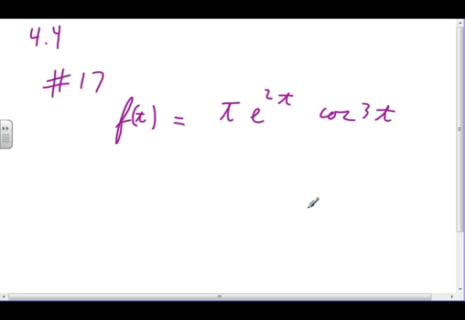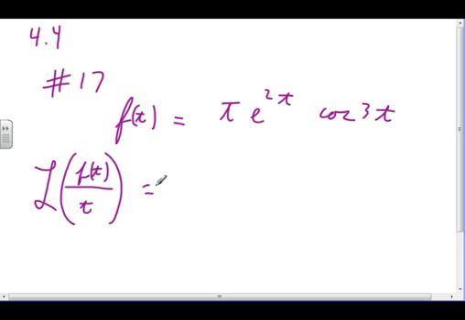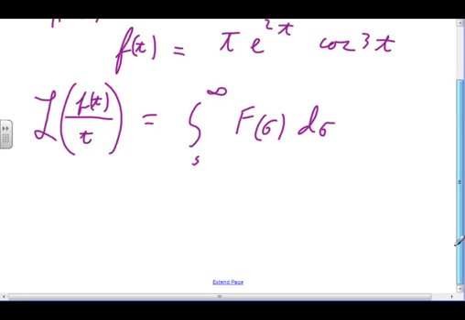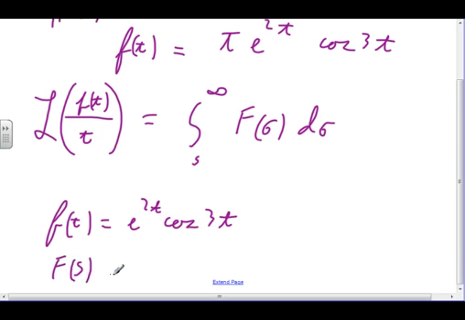Theorem 3 says the Laplace transform of f of t over t is equal to the integral from s to infinity of F of sigma d sigma. Okay. So that being the case, my f of t becomes e to the 2t cosine 3t, and my F of s becomes, what?